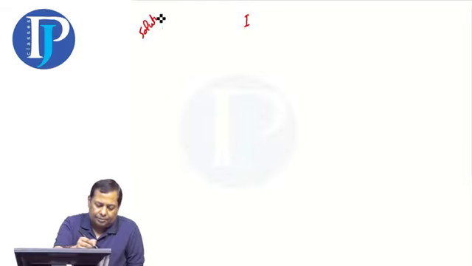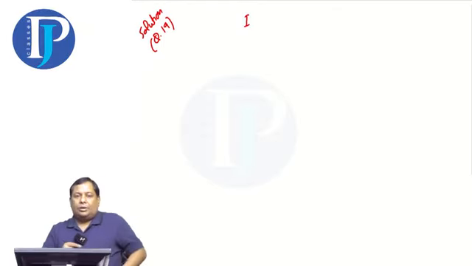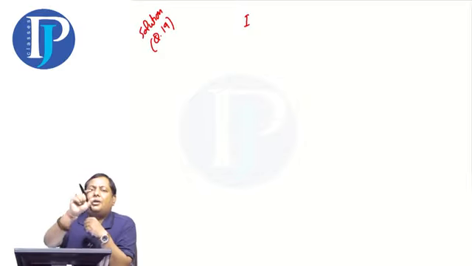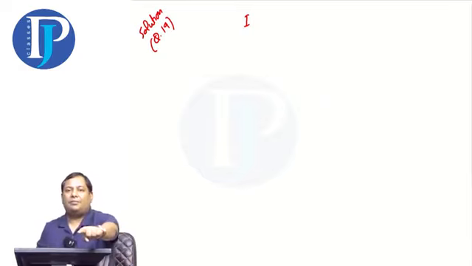First, I want to say, we should write the solution here. This is question number 19. Tell me, first what should I do? First of all, step 1 will be applied. On what? The derecognition of the existing component. How will derecognition happen? We have to calculate its carrying amount.